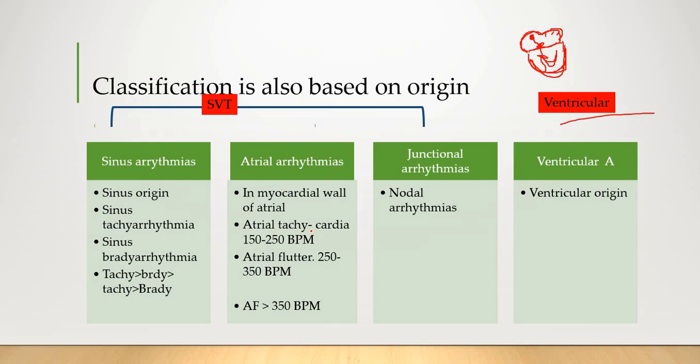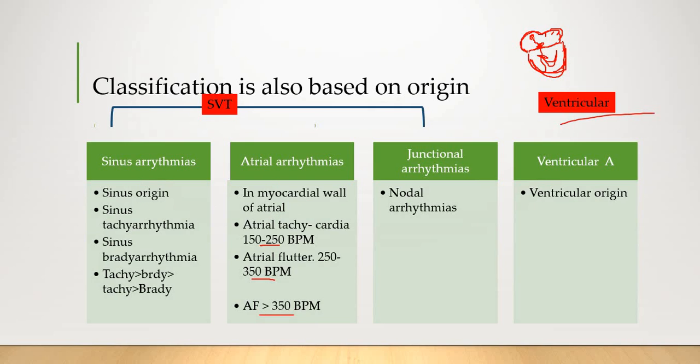As we discussed, in case of atrial tachycardia it is 150 to 250 beats per minute, in case of flutters it is 250 to 350 beats per minute, and in case of fibrillation, more than 350 beats per minute.